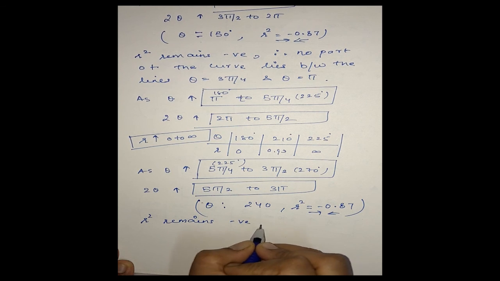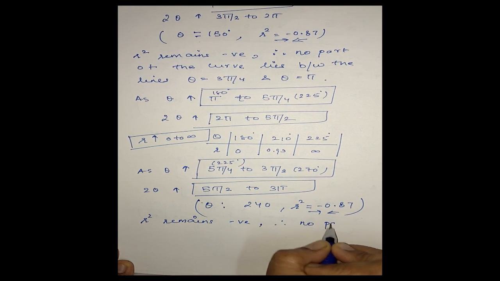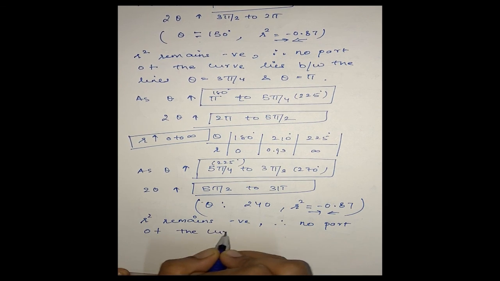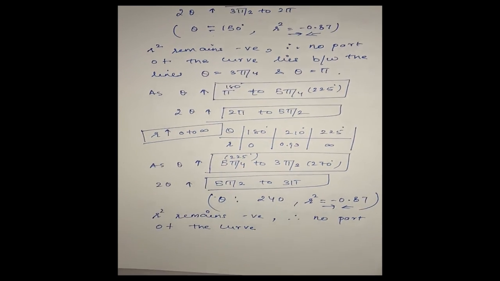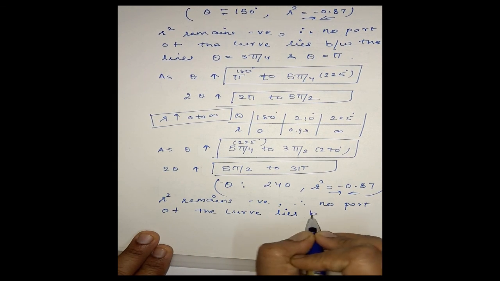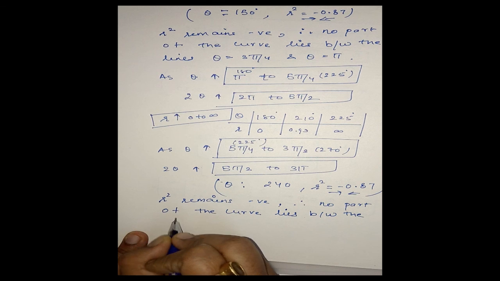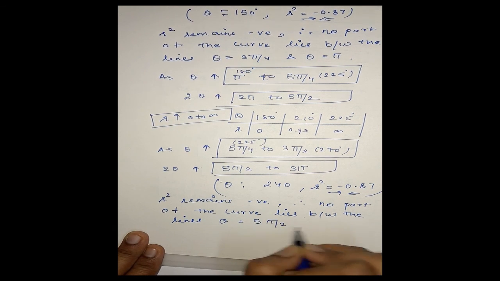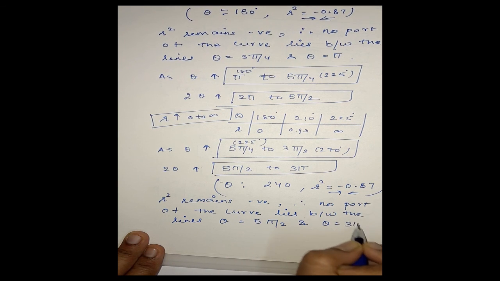Therefore, no part of the curve lies between the lines theta is equal to 5 pi by 4 and theta is equal to 3 pi by 2.